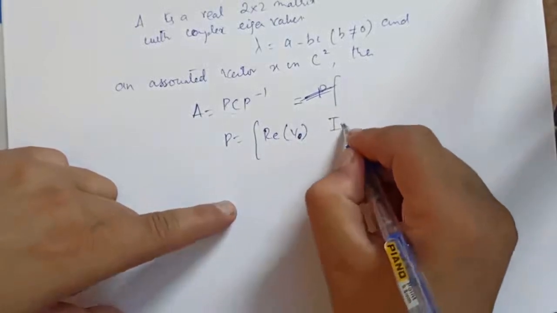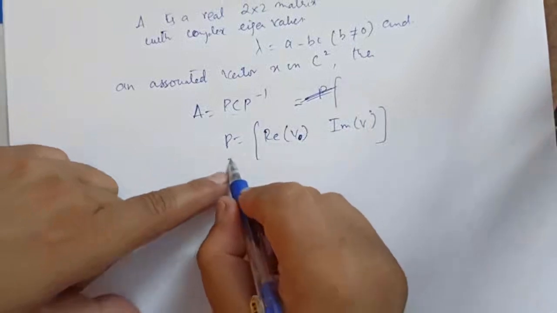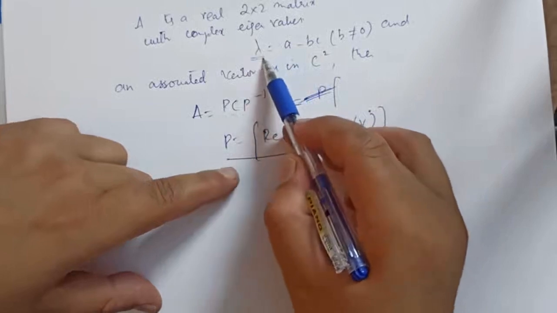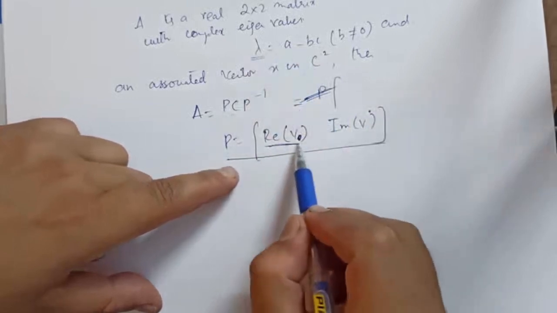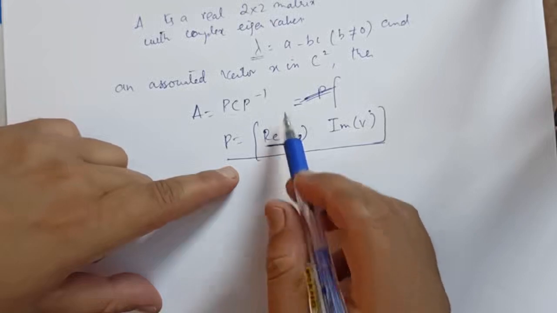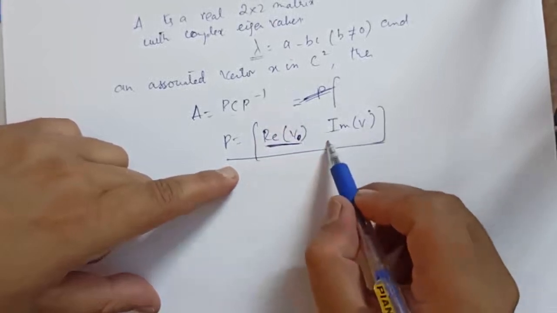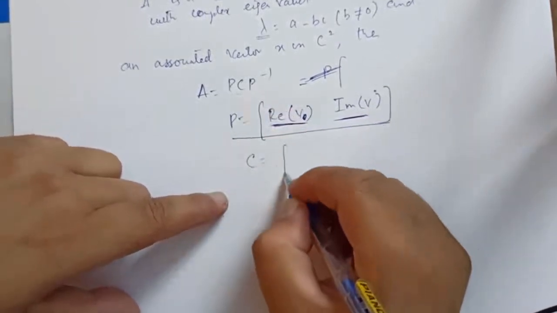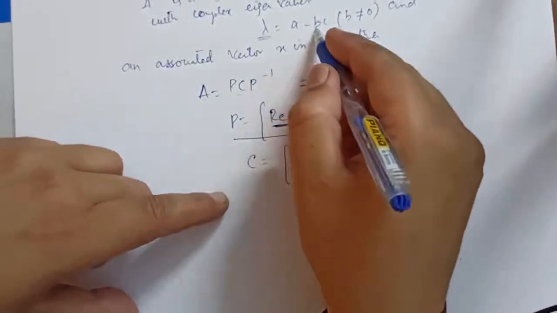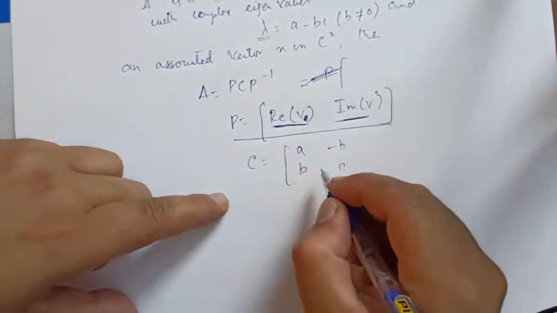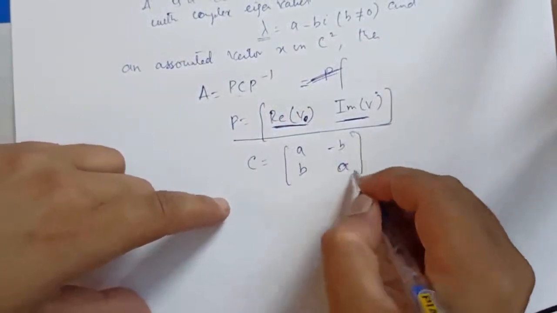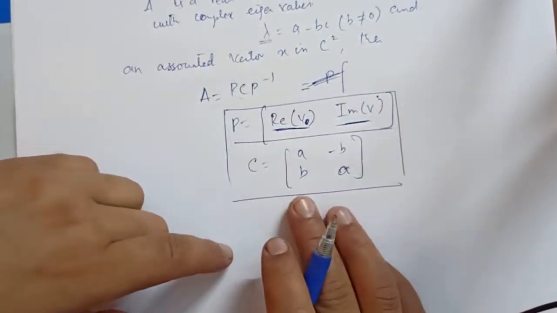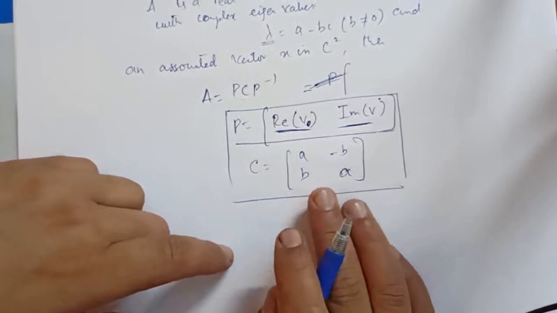So this P is a matrix that consists of the eigenvector corresponding to lambda, its real component and its imaginary component, and C is nothing but [A, -B; B, A].